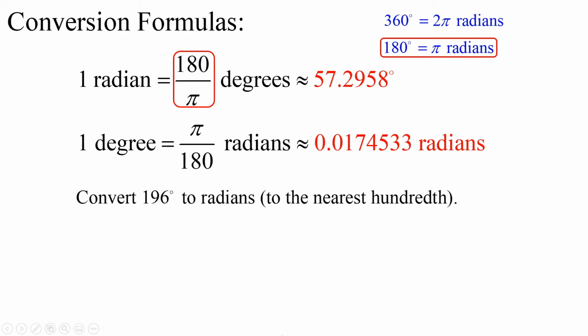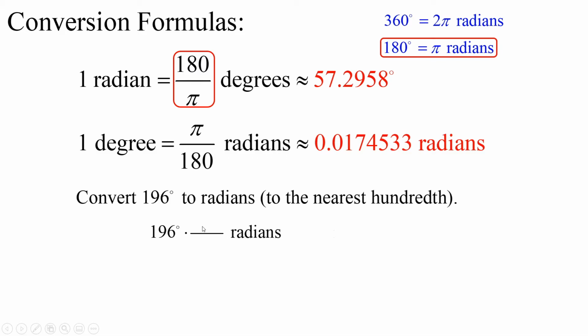Okay, so here's what this is used for, though. Convert 196 degrees to radians and round to the nearest hundredth. Yeah, that's kind of ugly right there. All right, so all you do is you take your 196 degrees and you multiply it by 1. But your 1 will look like this.